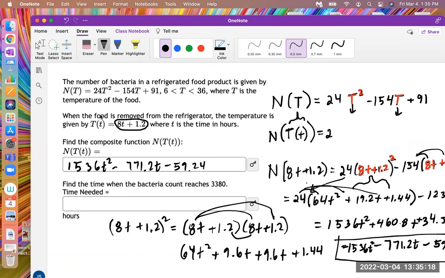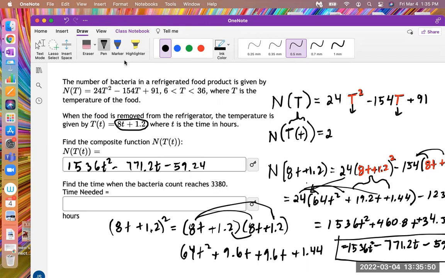This function, if I plug in a time, will give me back a temperature. And if I take that temperature and plug it into this function, then it will give me the number of bacteria. So this N of t, when I plug in a time, it'll give me the number of bacteria. So find the time needed when the bacteria count is this much.